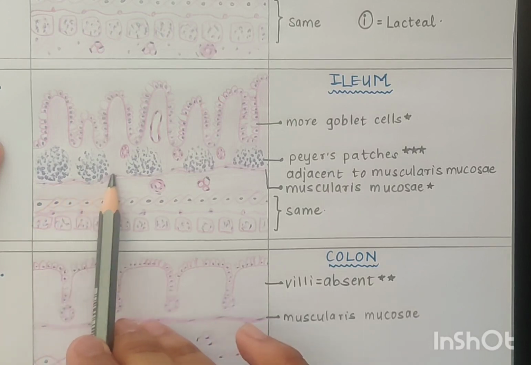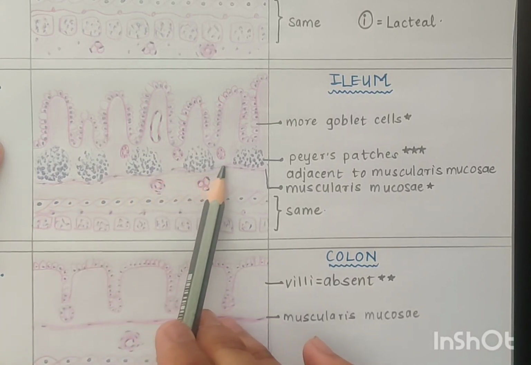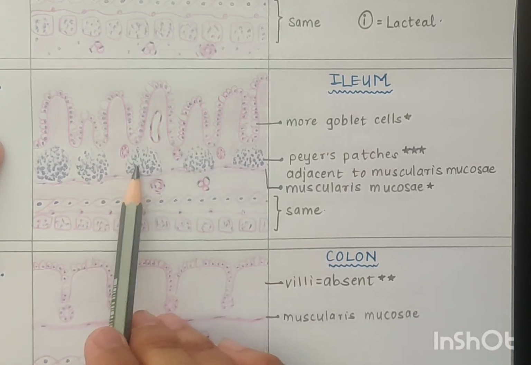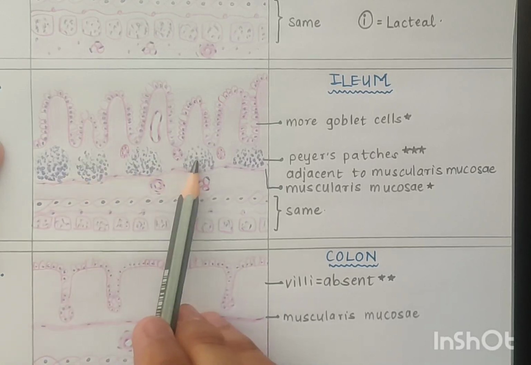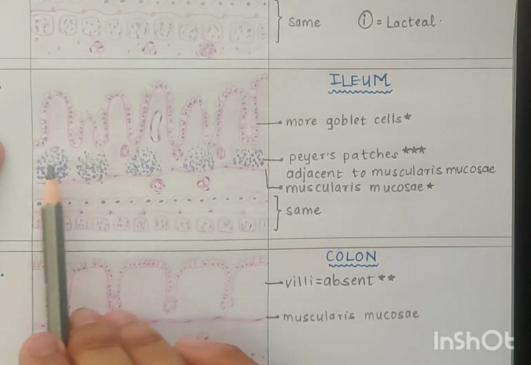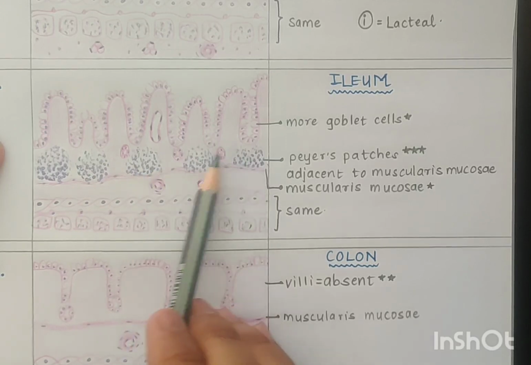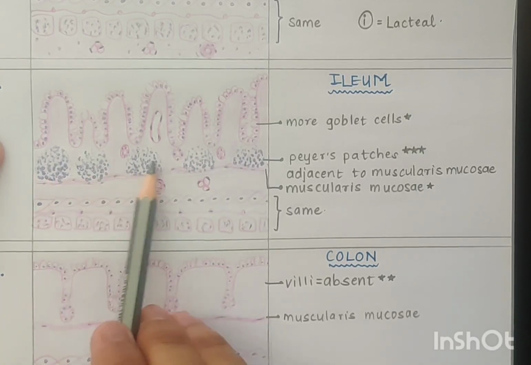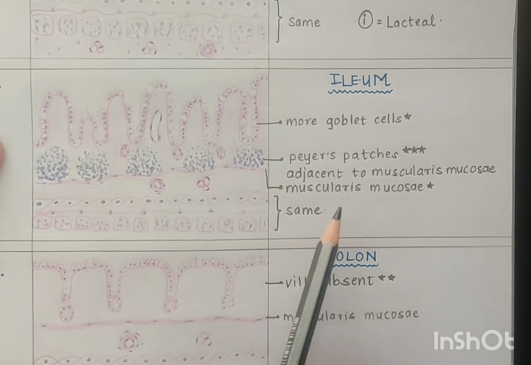We can see this is the muscularis mucosae, and just adjacent to that we can see these lymph nodes which are the Peyer's patches. These Peyer's patches are present in the ileum, which are basically lymph node aggregations.